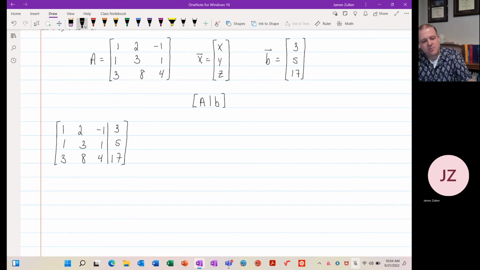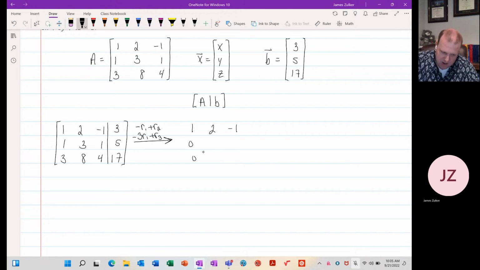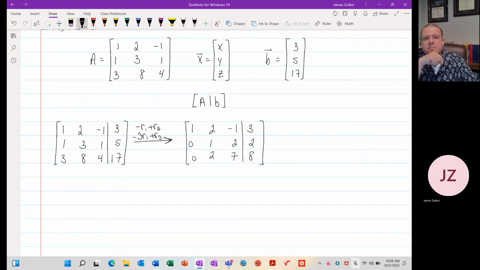So what we do is we look for the first pivot. That's this one up here, the 1,1 entry. So let's zero out everything below it. All right, so this is what we get.